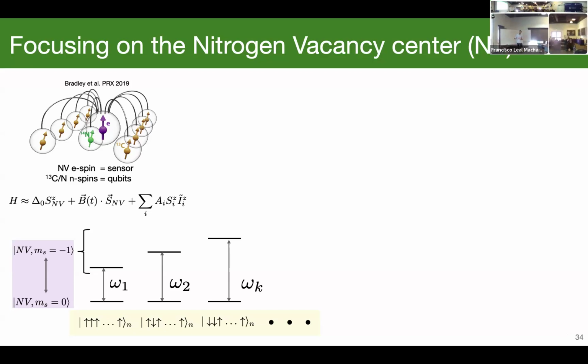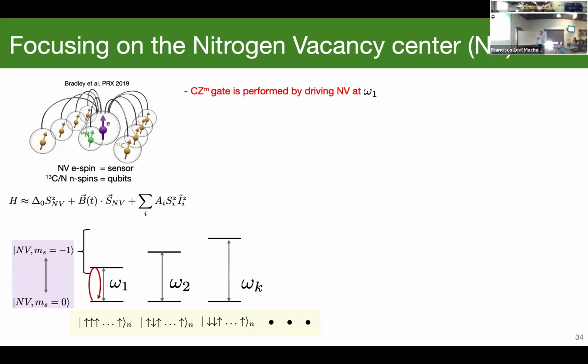So if you look at the spectrum, depending on the state of your nuclear spins, you get different NV frequencies, and that is exactly how you should think of these omega i in our proposal. Now, this is not the equally spaced omega that I assumed for our protocol, but it tells us that there are platforms where you can have this kind of strong interaction between the elements.